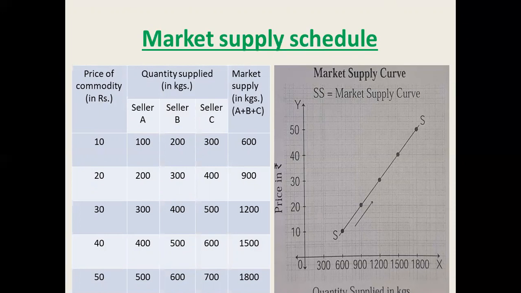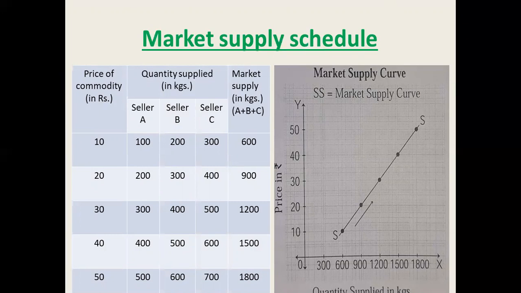See now, what is the difference between the demand schedule and the supply schedule? In the demand schedule, we discussed the inverse relationship between demand and price. Remember that the relationship between the price of a commodity and demand for that particular commodity is an inverse relationship.